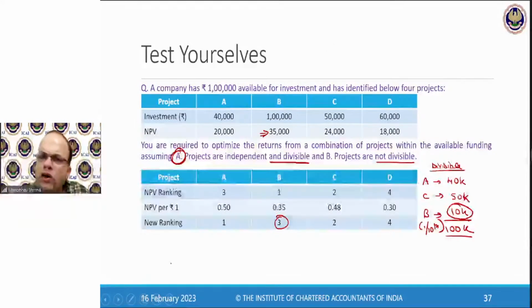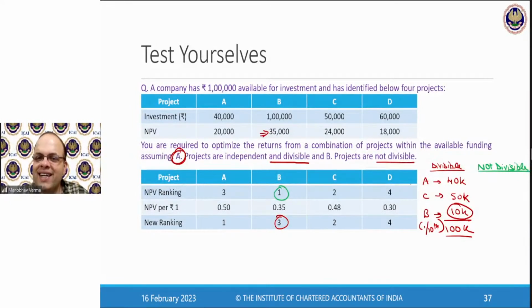Okay, what would be the scenario when the projects are not divisible? If they're not divisible, let us see what combinations we have. Project B is number 1, right?